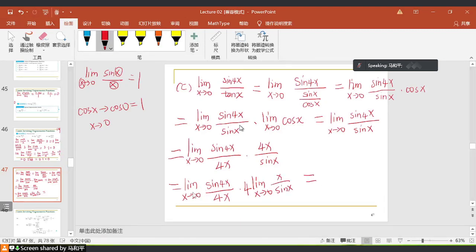And then we know this one, as x approaches 0, is almost the same as sin 3x over 3x. So this is 1 times 4 times x over sin x. The limit is also 1. So this is 4.